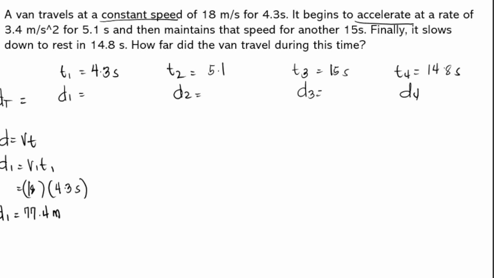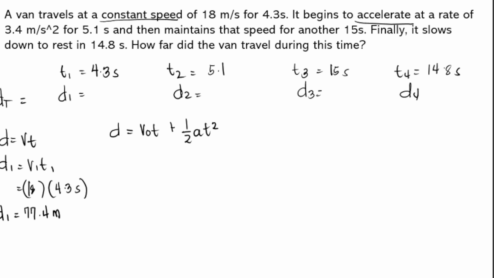So, mag-iiba na yung gagamitin mong equation. Magbe-base na tayo dun sa list of equations natin for constant acceleration. So how do we find the distance if the acceleration is constant? We could use d is equals to v naught t plus 1/2 at squared.